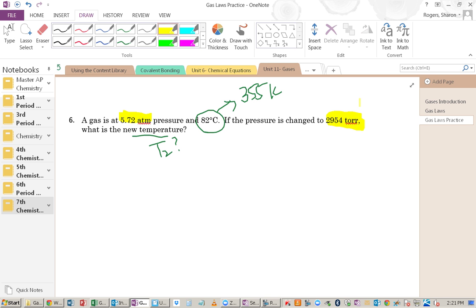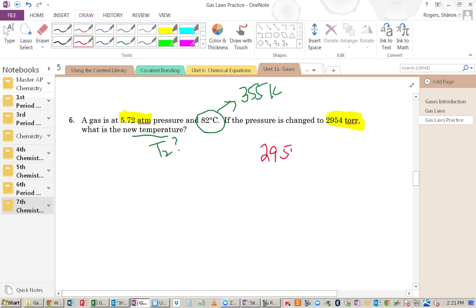So what do I have to do? I'm going to have to convert one to the other. It really doesn't matter if I convert them both to atm or both to torr. So on my paper, I just chose both of them to be in atm. But like I said, if you want to do the opposite, we'll see if we get the same answer.